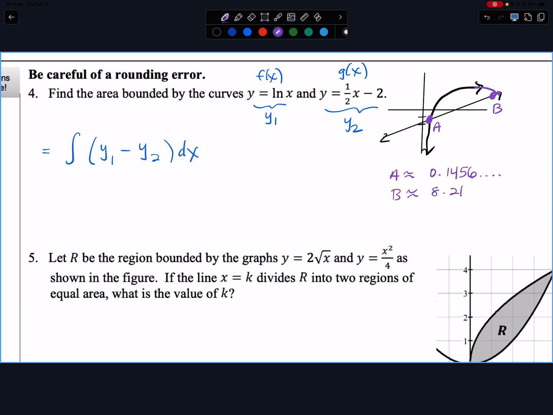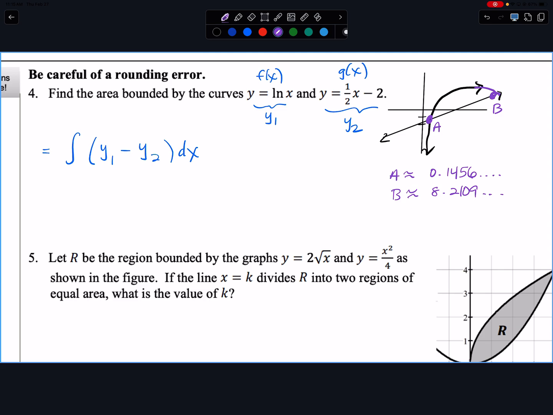Why is this so hard, guys? Oh, I'm just going to do this because it doesn't matter. Okay? For this, I'd be happy with this.